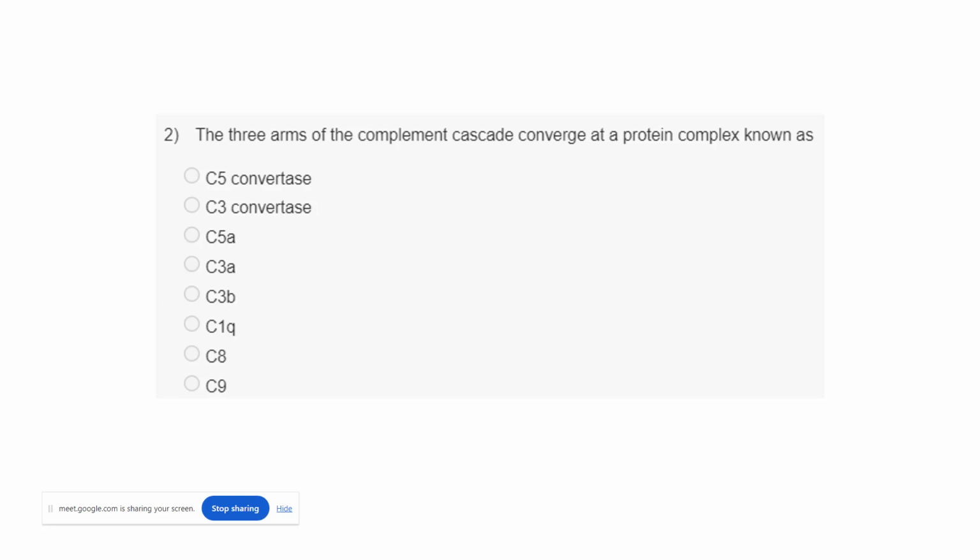Okay, we have the next question here. The three arms of the complement cascade converge at a protein complex known as. Anybody would like to answer?